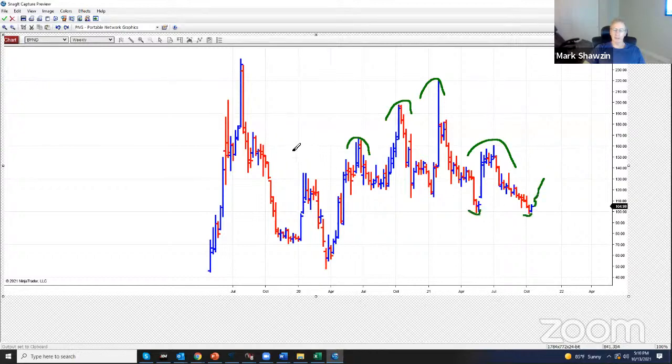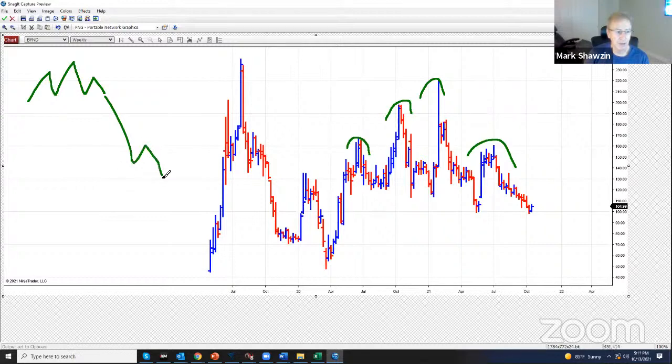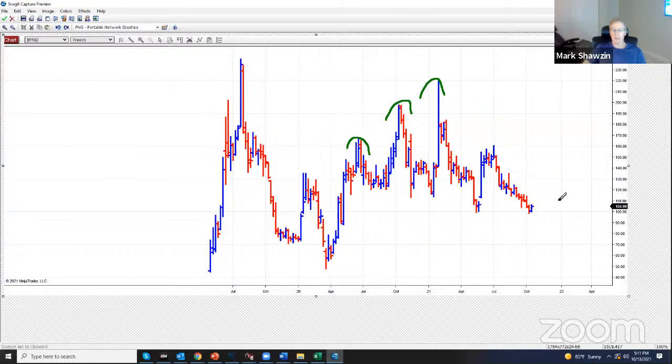I just showed you JD, where we had one head and shoulders that dropped, then we started doing the double bottom, the inverted head and shoulders, and one pattern turned into another. Now, this hasn't dropped enough for it to turn into another pattern to go the other way. So I still feel very strongly that this ultimately should go back.